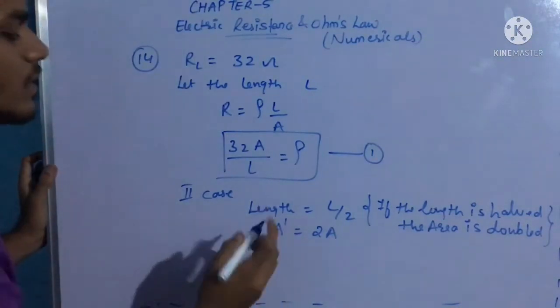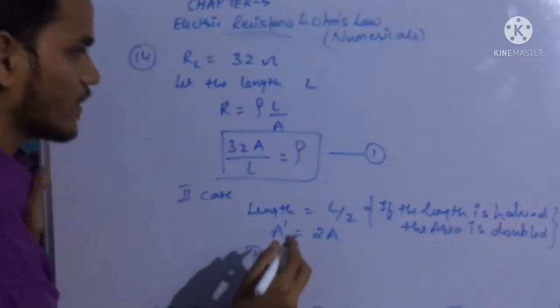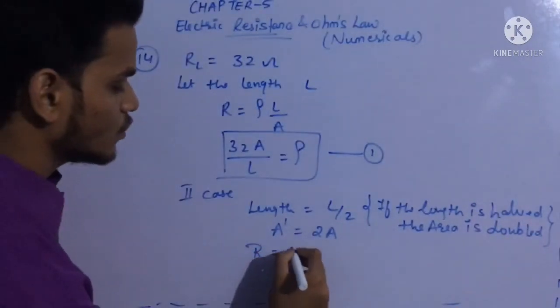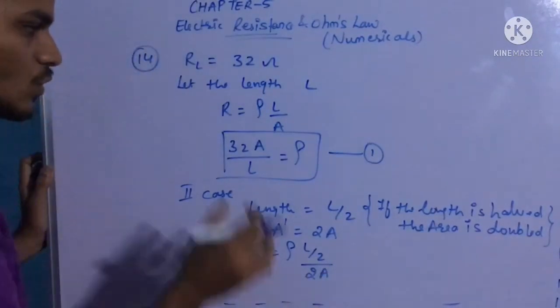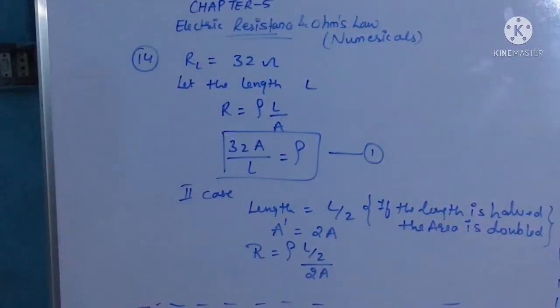Now putting all the values here, we get R equals rho times L upon 2 upon 2A.